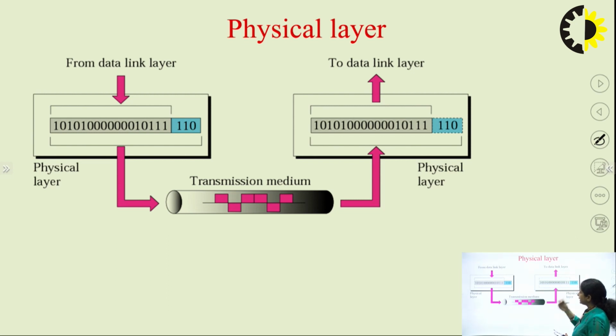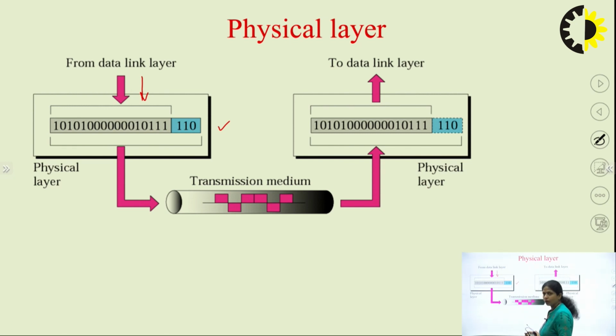The physical layer is getting the data from the data link layer. Data is there in the form of bits at this particular moment. Now, when it comes to the physical layer, it will travel in the form of signals, right.